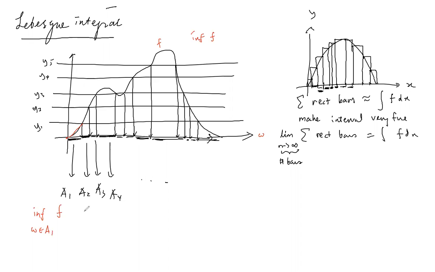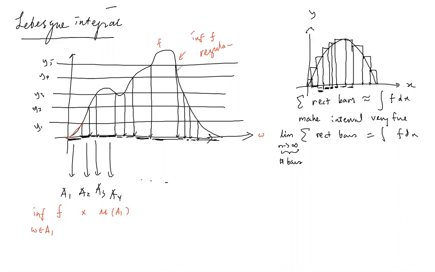So I will take that and multiply with the measure on A1, the set here. Let's say this function is actually a regular function, so it's continuous everywhere on this interval, and it's also differentiable.